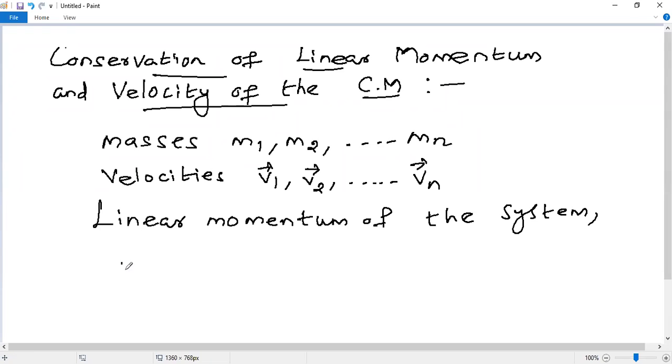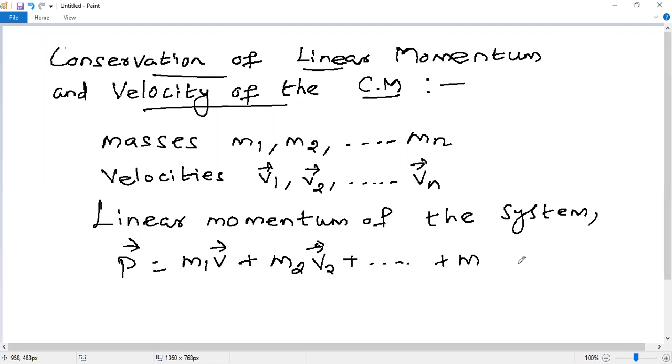Momentum p vector equal to m1 v1 vector plus m2 v2 plus up to mn vn vector. So this is considered equation number 1.